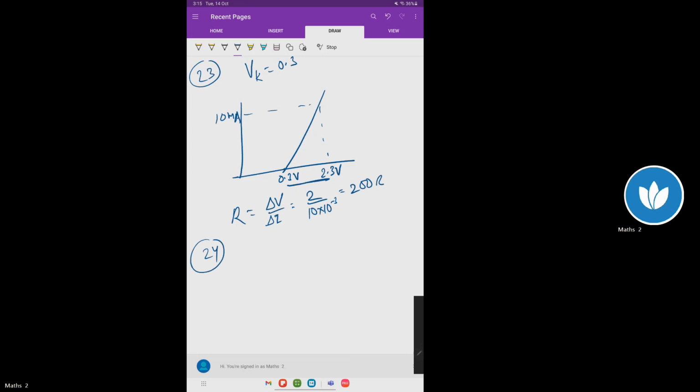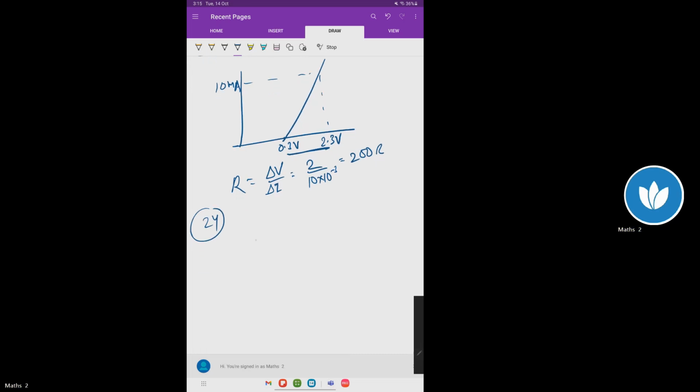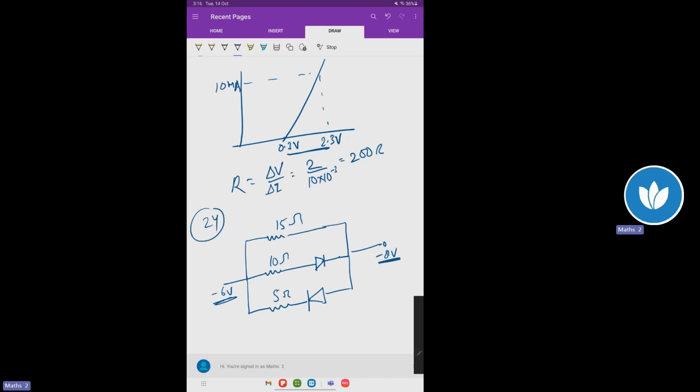24. So this voltage is higher than this voltage.